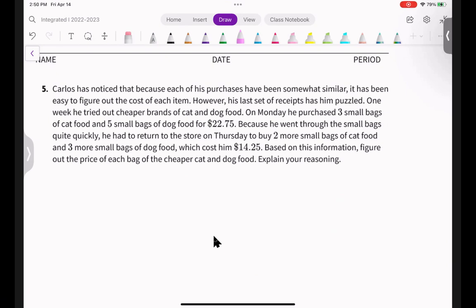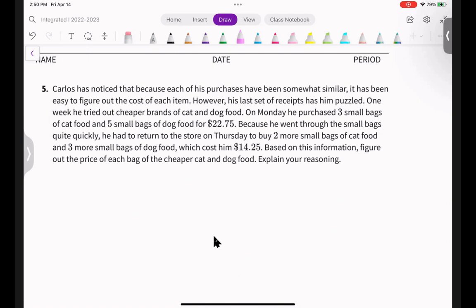But he went through the small bags quite quickly, and he had to return to the store on Thursday to get 2 more small bags of cat food and 3 more small bags of dog food, which cost him $14.25. Based on this information, figure out the price of each bag.